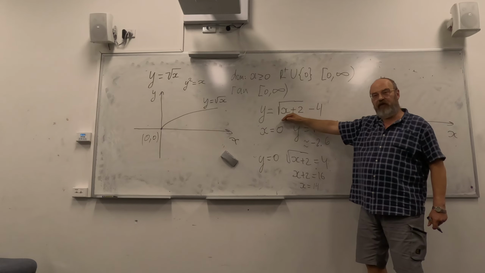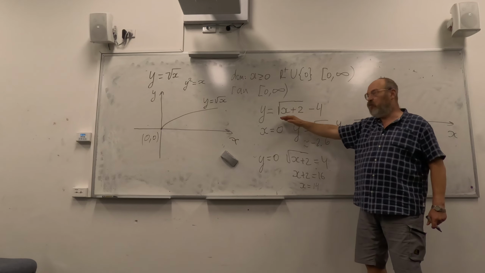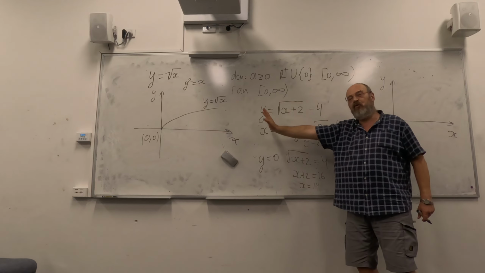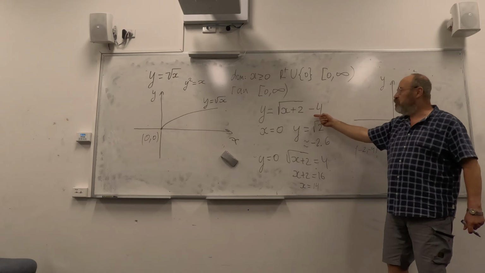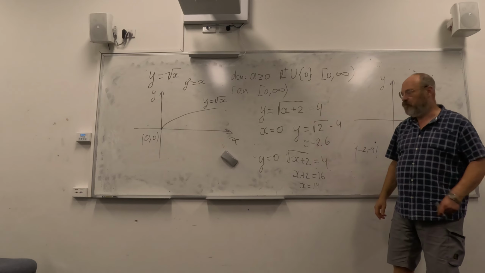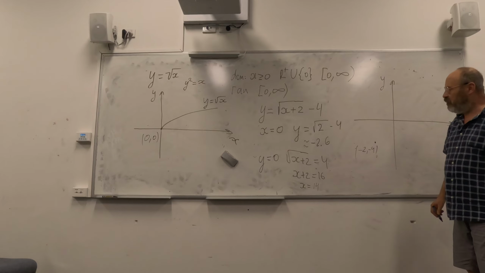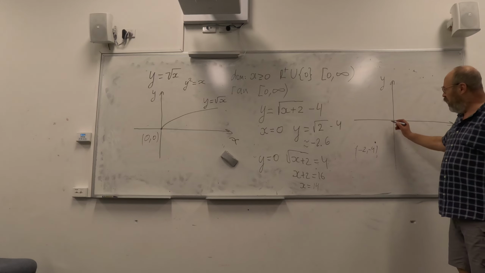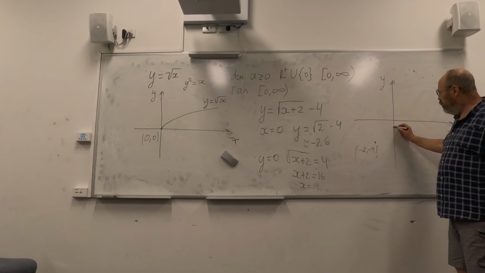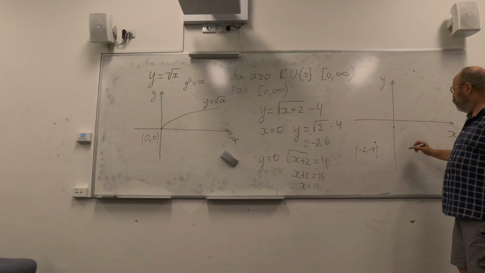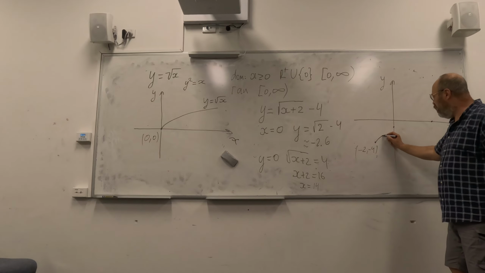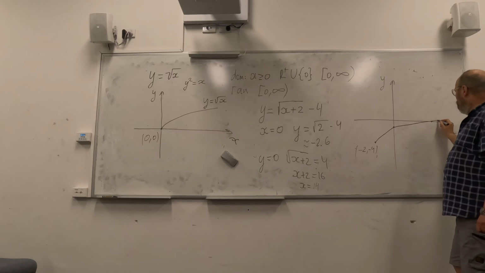What this does to the graph: when we have x plus 2, it's translated 2 to the left, and the minus 4 moves it down. We have that the y-intercept is root 2 minus 4, the x-intercept is 14, so that will be our graph.